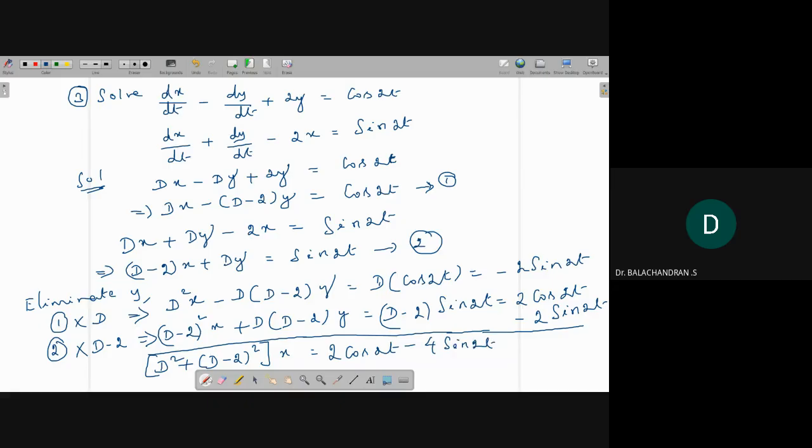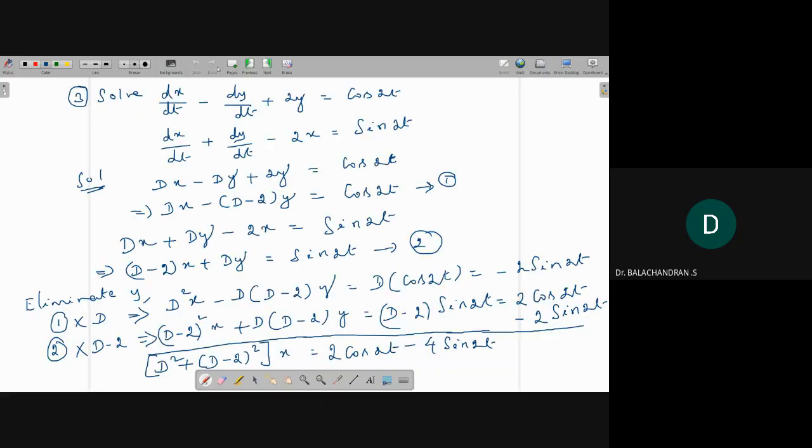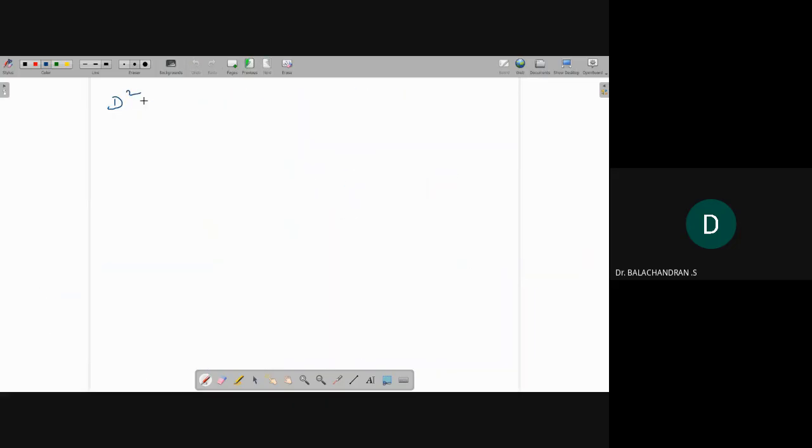Simplify the left hand side: (D minus 2) whole square is D square minus 4D plus 4, into x.